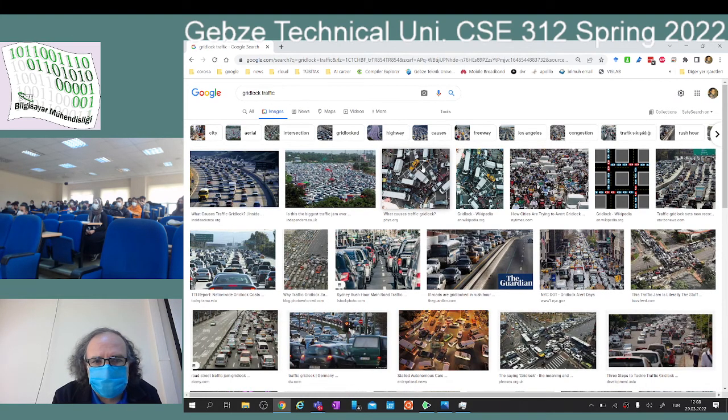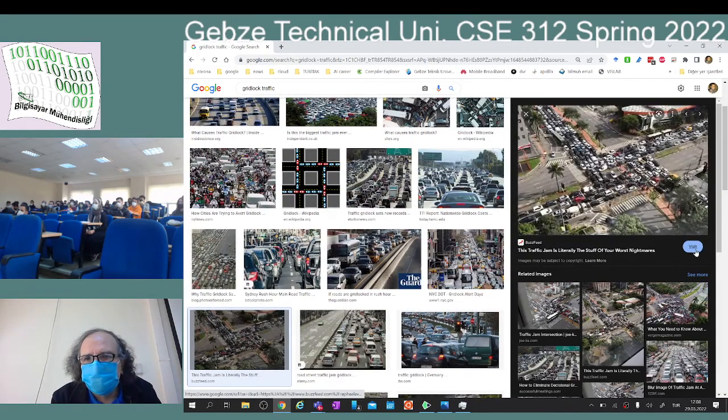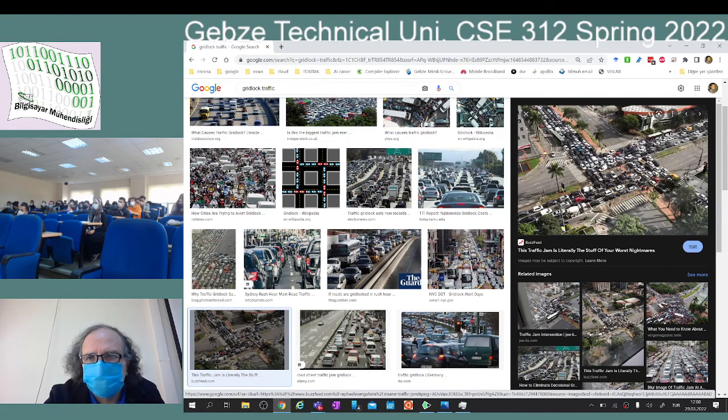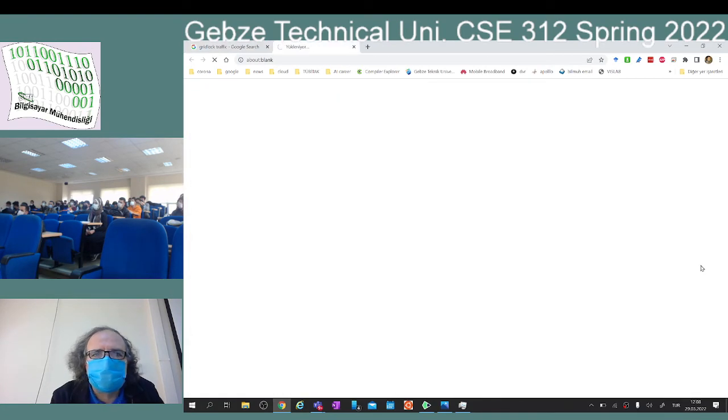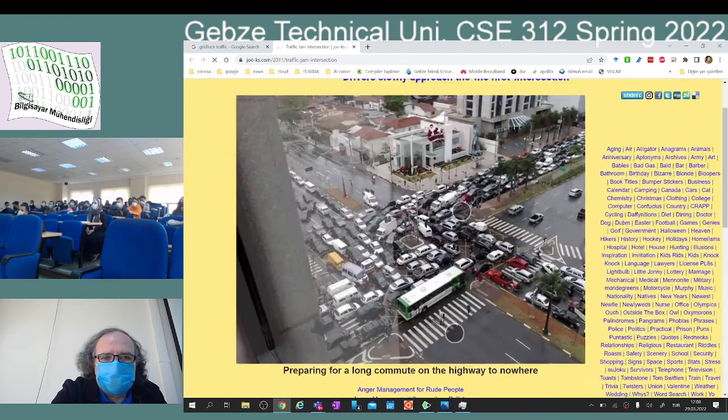Yeah, this one is good. Let me make it larger. So this is the classical gridlock example.